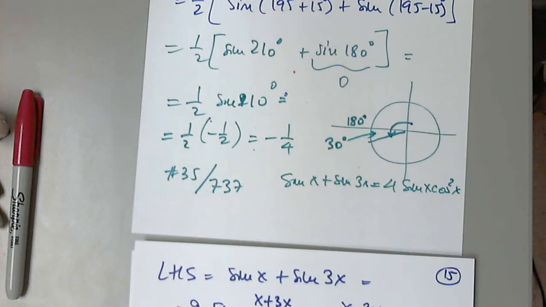So for now we just changed the sum of two sine functions into 2 times sine cosine according to the formula, from a sum to a product.